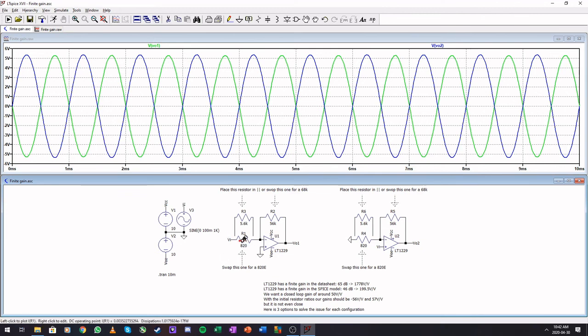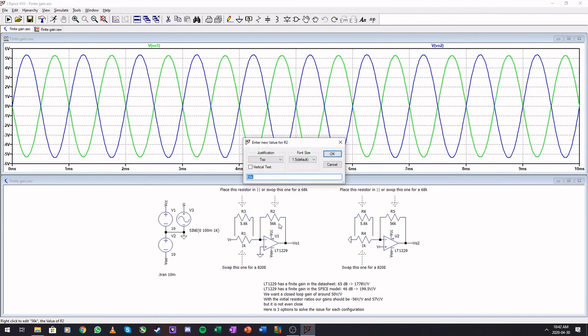Okay, but in this case for the inverting, we reduced our input impedance. Not much of a change for our non-inverting configuration. Okay, so that is the first one.